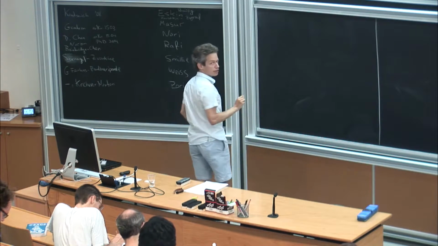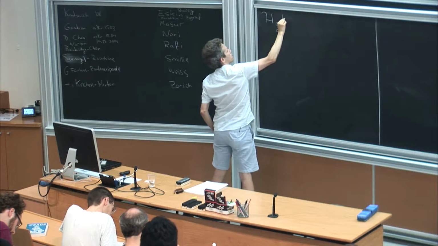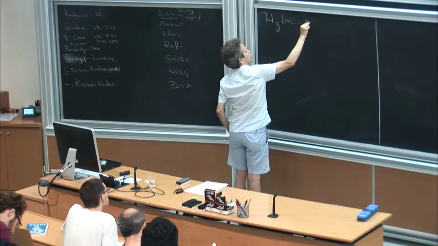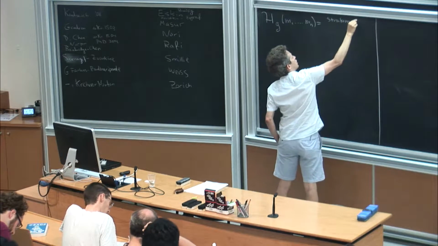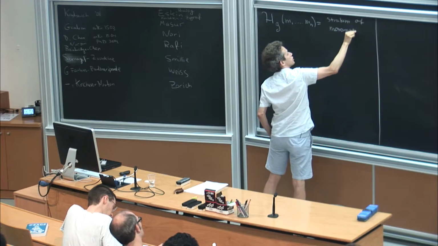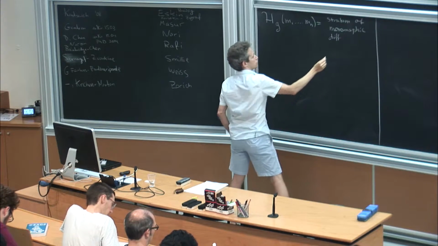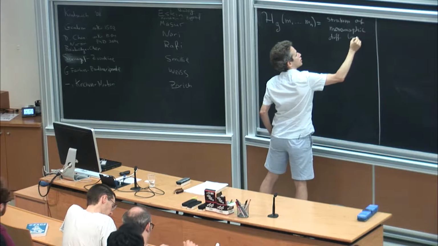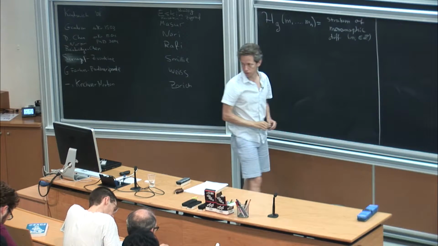So let me try to use the same notation as Adrien. So H_g(m_1,...,m_n), this is a stratum, and I'm not doing dynamics, and for me meromorphic is going to appear no matter what, so let's start with meromorphic differentials. So this means m_i maybe in Z. Okay?